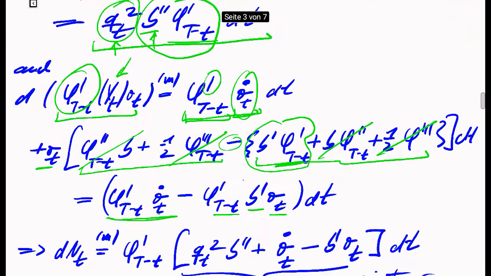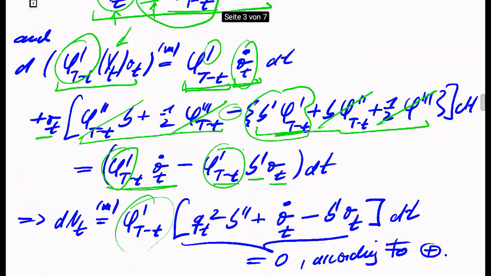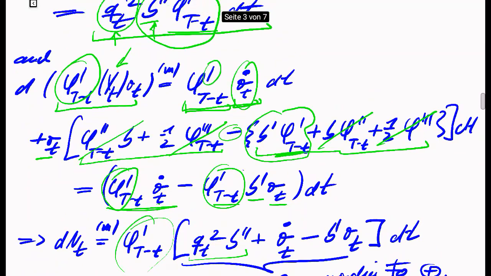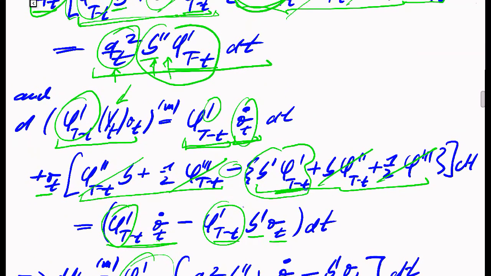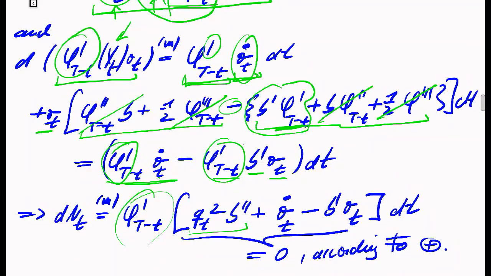The phi prime will be present in all of the remaining terms after summing up, so the phi prime goes to the front of this. And then I have the qt squared b double prime, which is the remaining component of the first summand. And then I have the remaining two components of the second summand, which is this here.